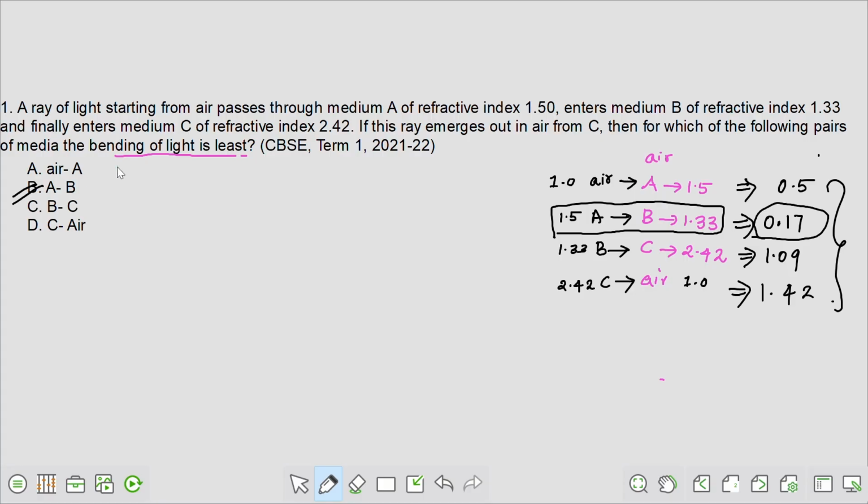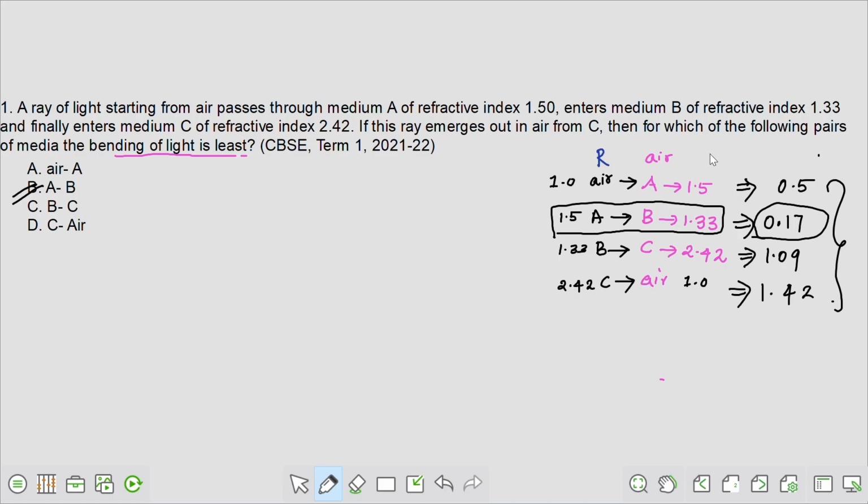So for A to B, the bending of light is least because the difference in the refractive index is least. You can find the change in refractive index. This is the shortcut way of finding the answer. For MCQs, you can use this method. Otherwise, you can just compare which is denser and rarer.